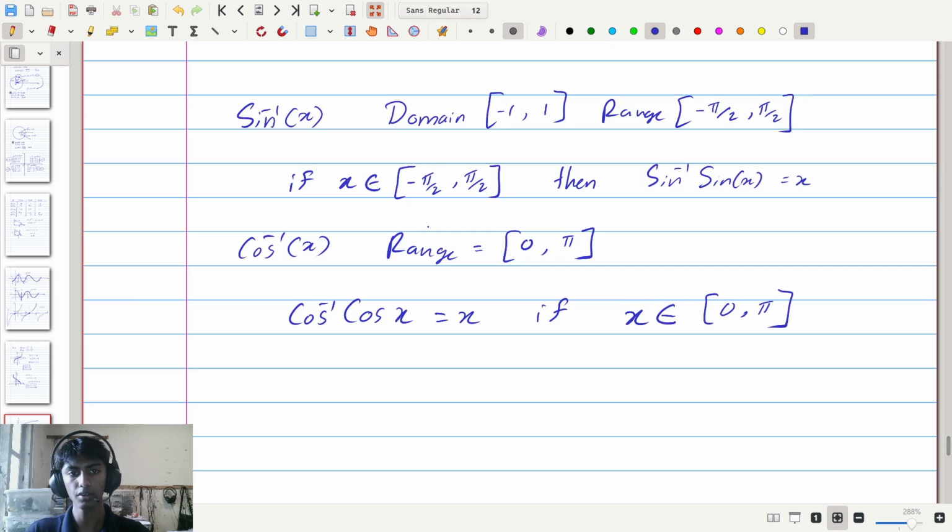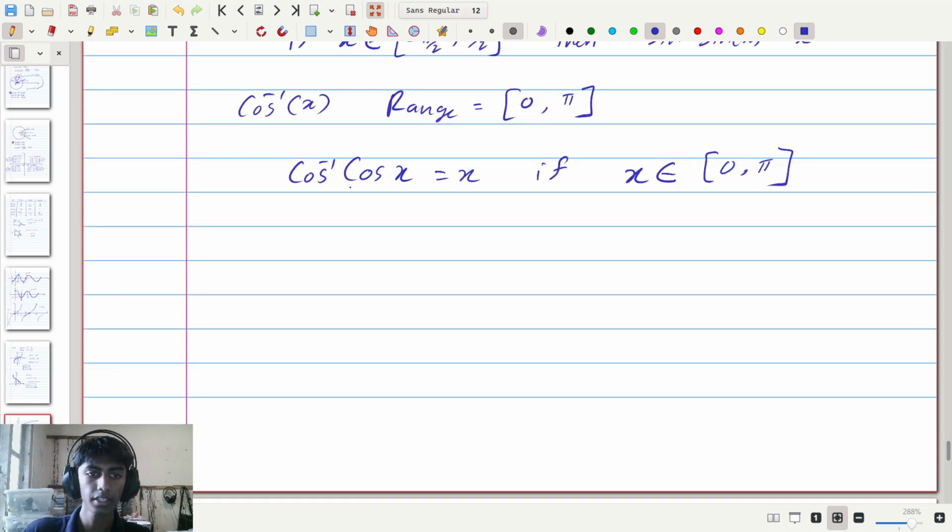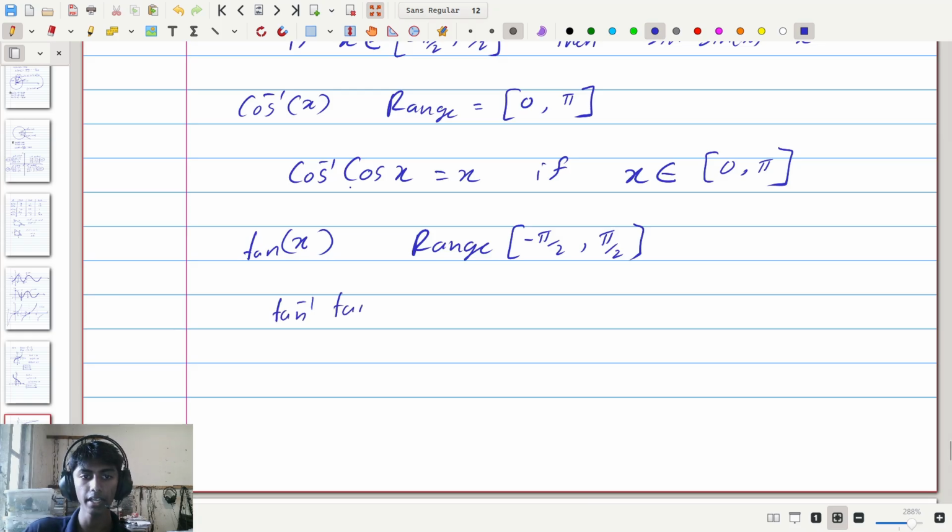And lastly, for the tan case, tan inverse x has the range going from negative pi by 2 to pi by 2, in which case tan inverse of tan x equals x if x is an element of the set negative pi by 2 to pi by 2.